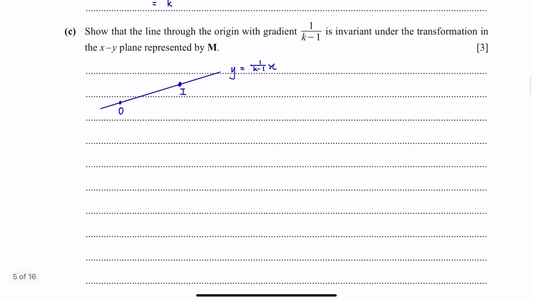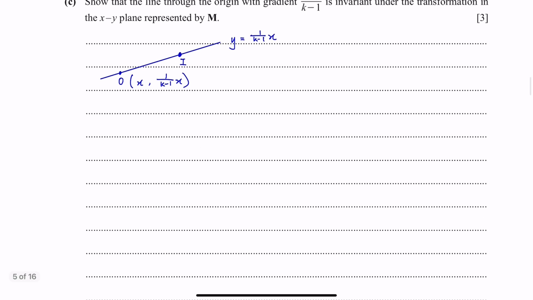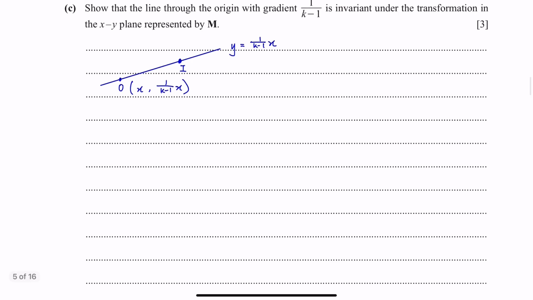For the object, we call this O, and it has coordinates of x and 1 over k minus 1 x. Now we prove that the image has a form similar to this.